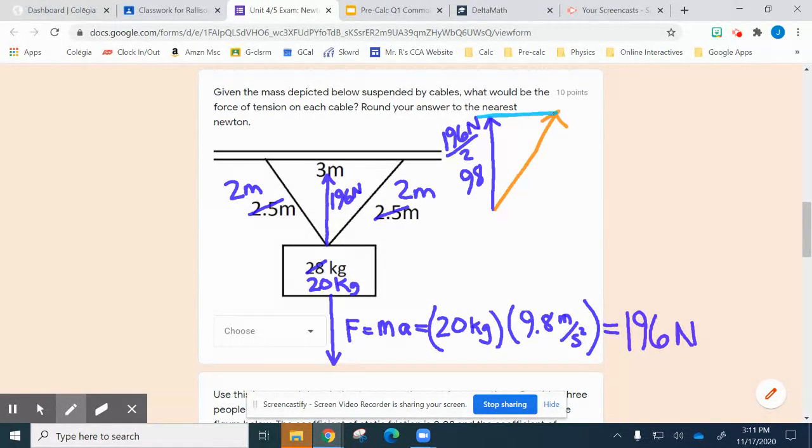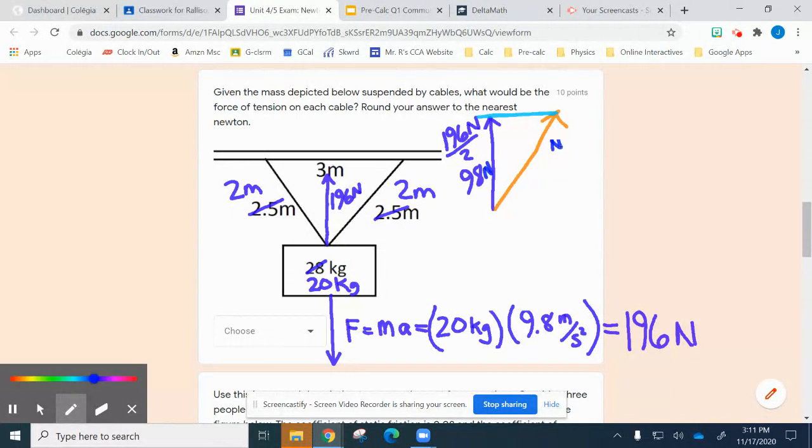The rope is pulling up 98 newtons, and we want to find out the newtons on this thing here. So we're going to treat 98 newtons like a length, and we have to figure out how long the hypotenuse is for this triangle.